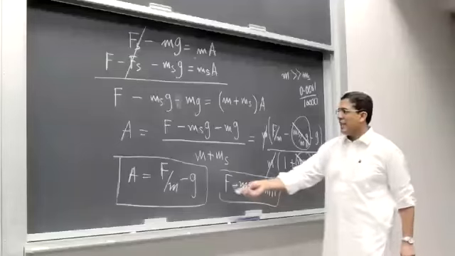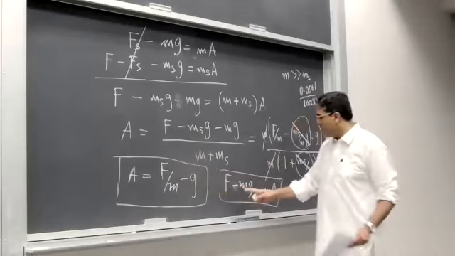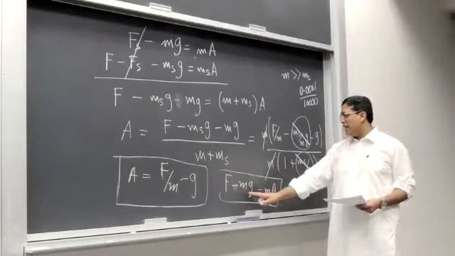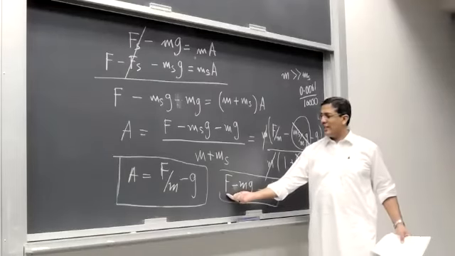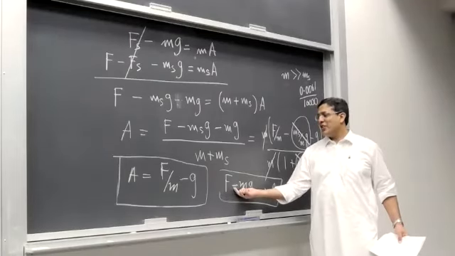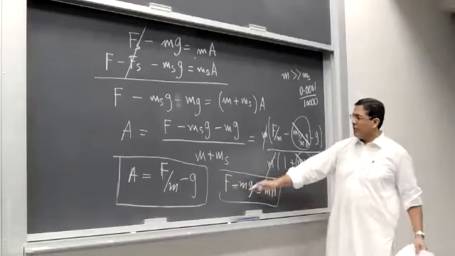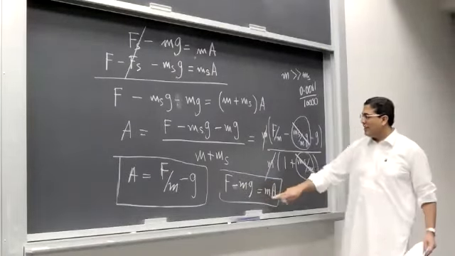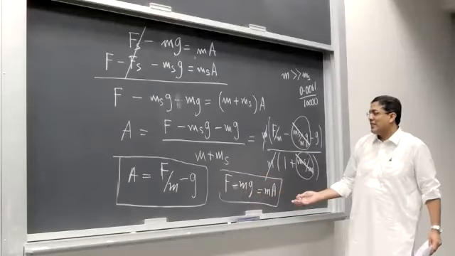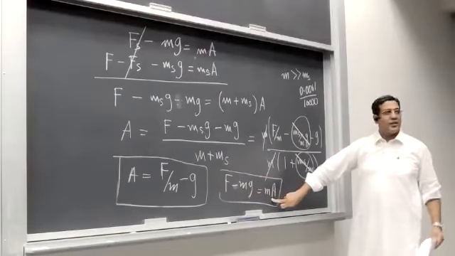And now from a is equal to F over m minus g, I can write F minus mg is equal to ma. So the force that is causing the acceleration is the difference between the force upwards and the gravitational pull. The difference of these two forces, as it should, is equal to the acceleration of the elevator.